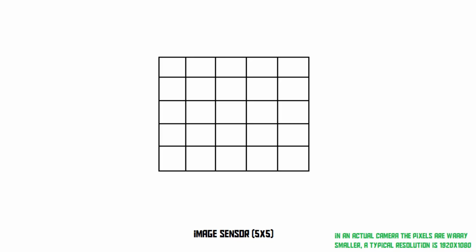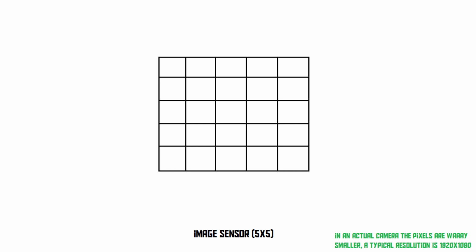Except that's not what happens in the real world. In the real world, we do not capture all of the pixels' data simultaneously. So say we have a very crappy sensor of 5 by 5 pixels. That's 25 pixels or 25 light receptors in total. We project an image onto this using a bunch of lenses, and then we capture an image. Now, we don't capture all of the data at the same time.